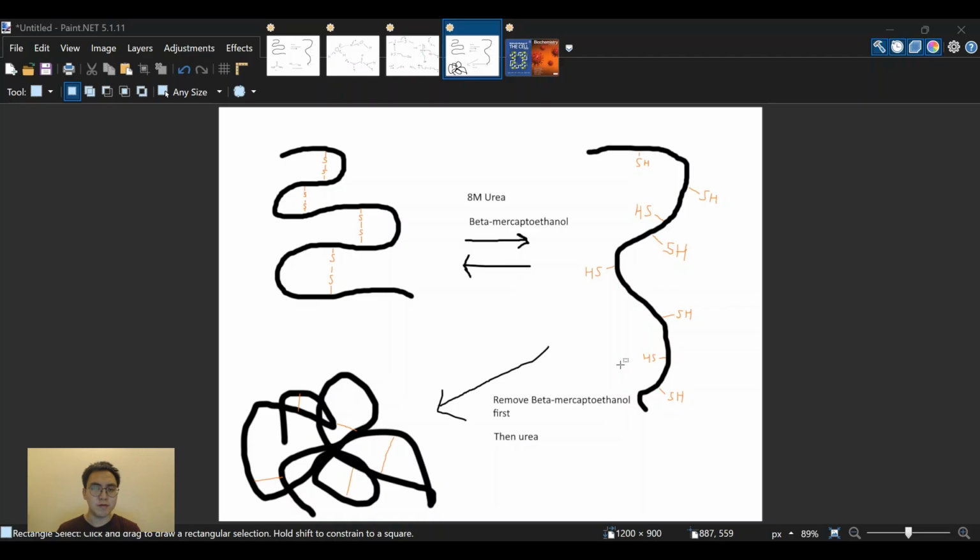Some of the hints could have been, think about whether the sulfur on the beta-mercaptoethanol could be involved in the reaction, or think about what bonds are in proteins and what could disrupt them, or perhaps think about what other agents are in the cell that could be affecting these reactions.